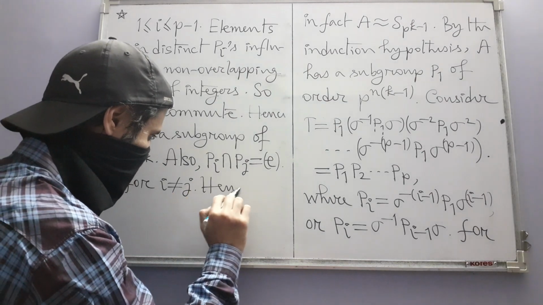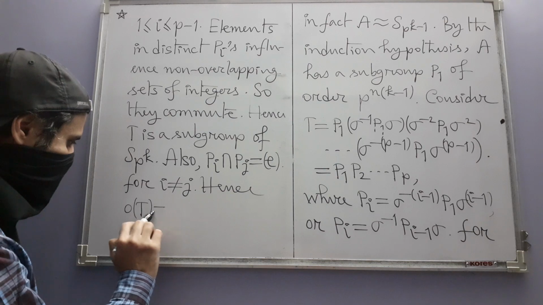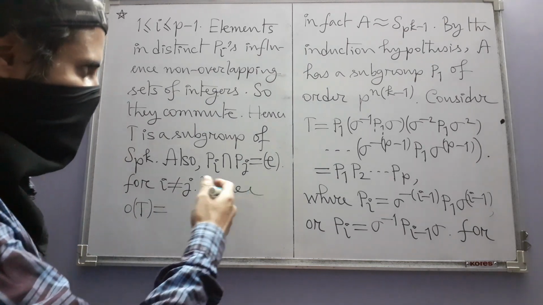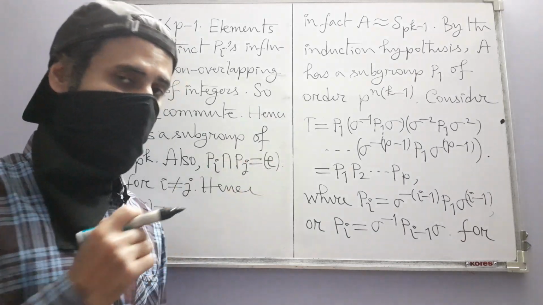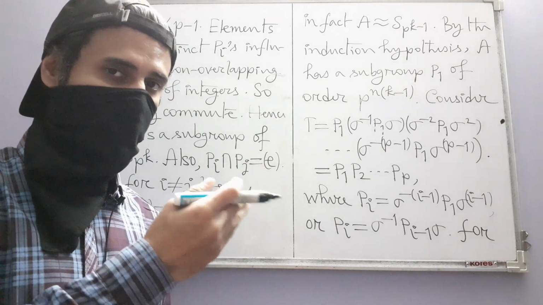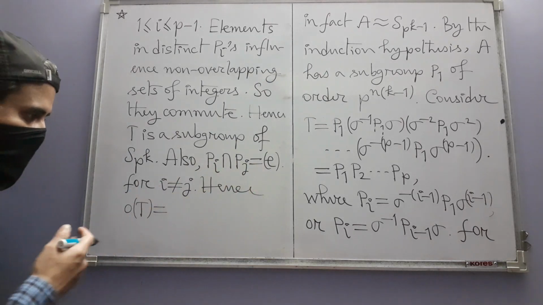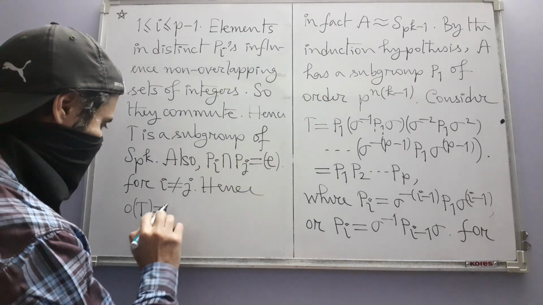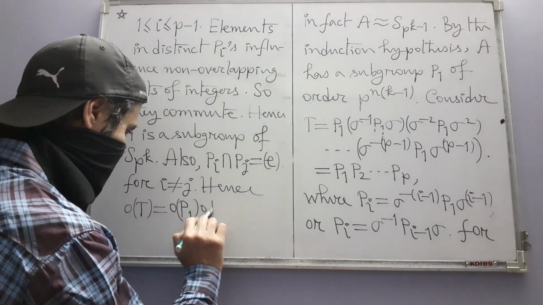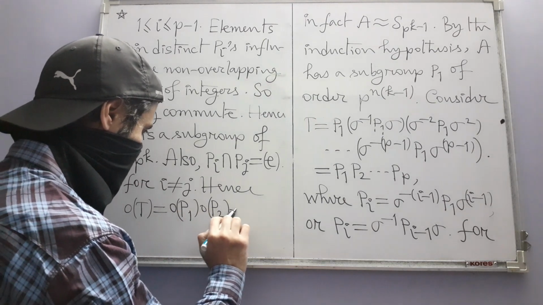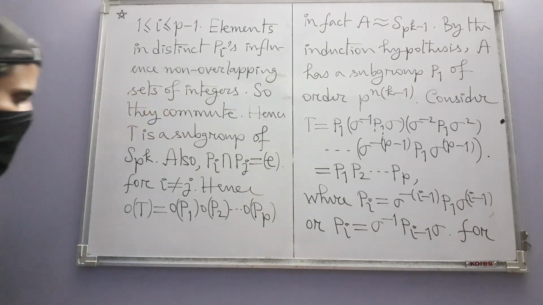Hence, the order of T is, by an extension of the formula for the order of the product of two subgroups, order of HK divided by order of H intersection K, and because the intersections are all trivial, it is the product of the orders of all these subgroups.